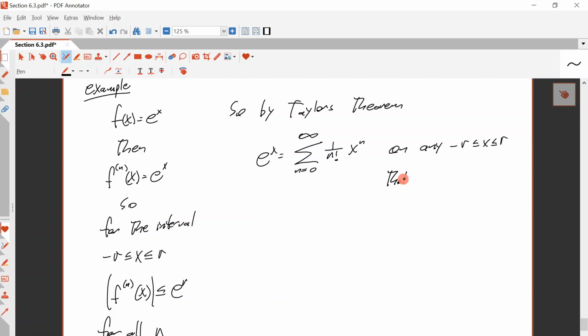That is, for all x. So you can say that e to the x is equal to its Taylor series on any bounded interval. But for any bounded interval, you can just make it as big as you want. So, essentially, it's always equal to its Taylor series.